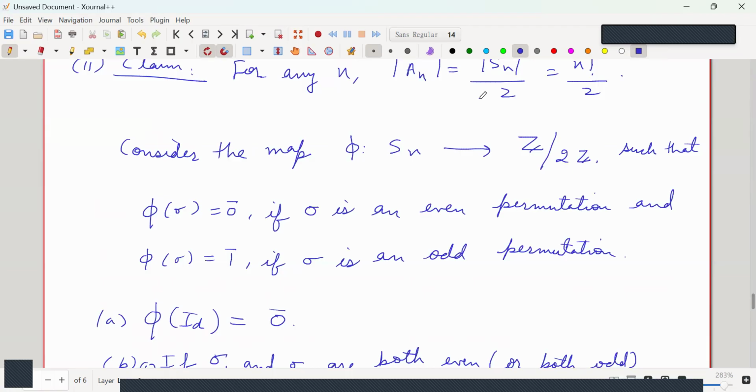Can you write An as something related to this homomorphism? Well, it's a normal subgroup. For a normal subgroup, you don't need this phi at all, right? See the definition of this phi and tell me what role An plays here.